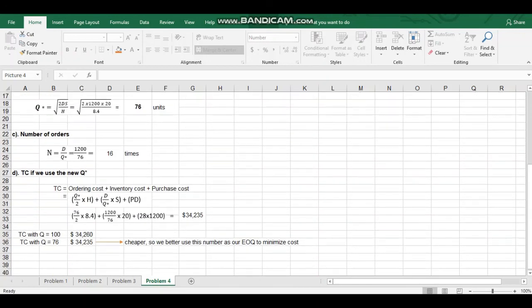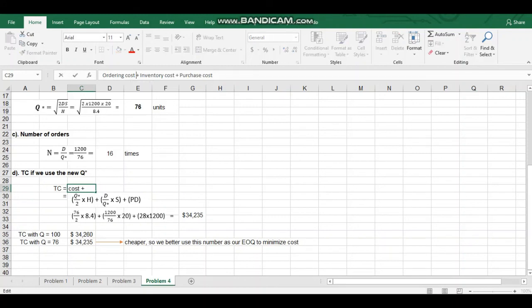So actually we're being asked about the total cost, the difference between the old Q and the new Q. So just like before, for total cost we have to sum all of the ordering cost, inventory cost, and the purchase cost.